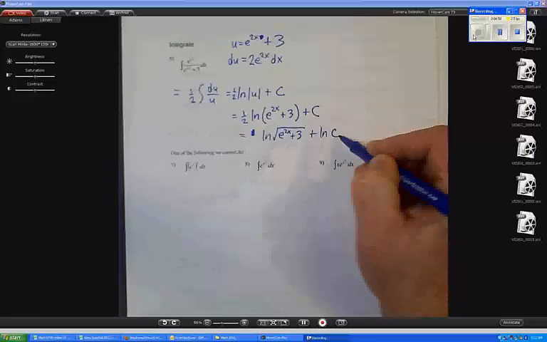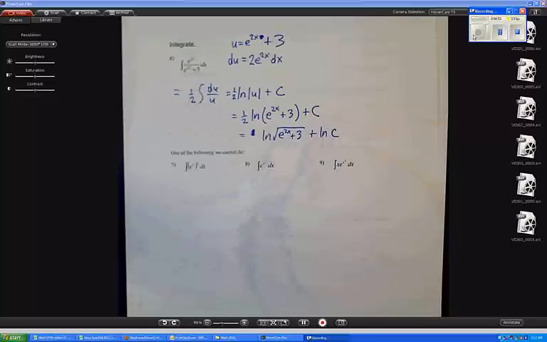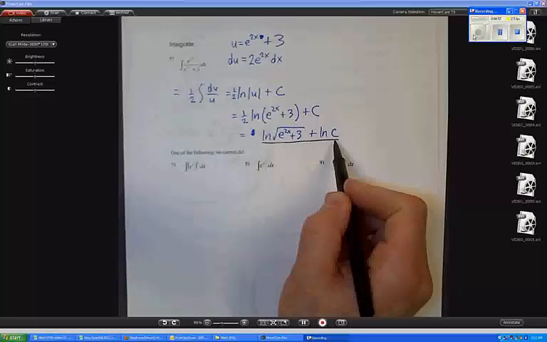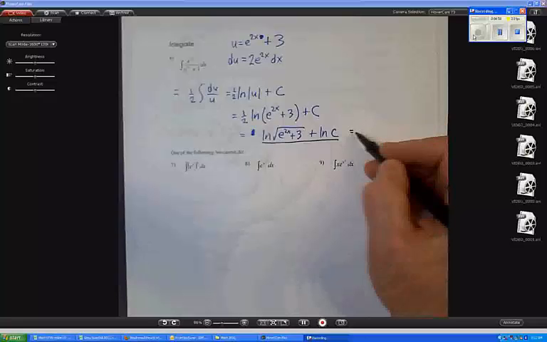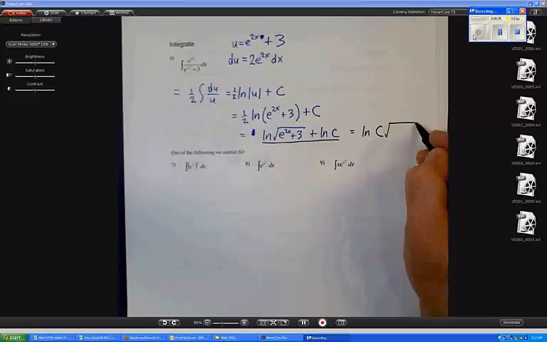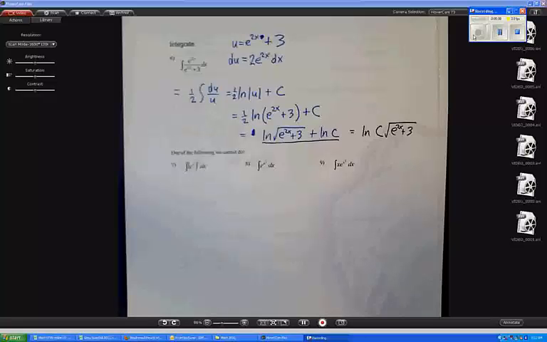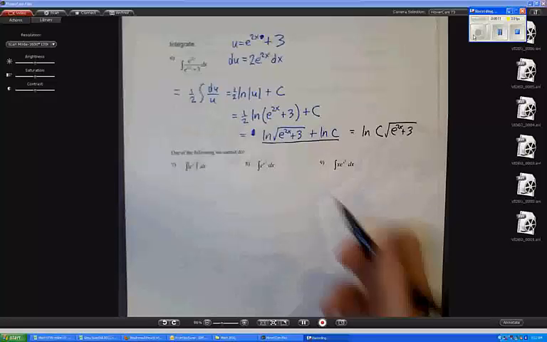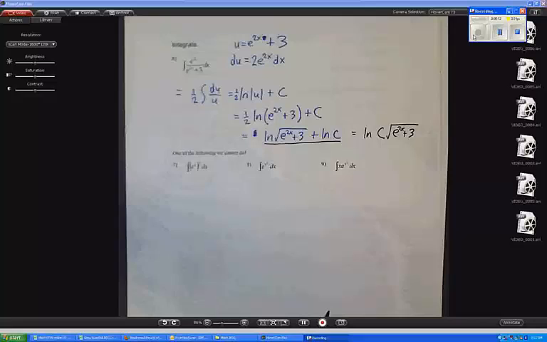And you might say, why would they do that? Maybe because they want to use a log law that lets you put these natural logs together, and they'll write something like the natural log of c square root of e to the 2x plus 3. There's a lot of weird ways to do things. Okay, any of these are good.